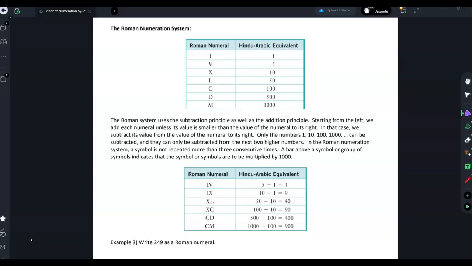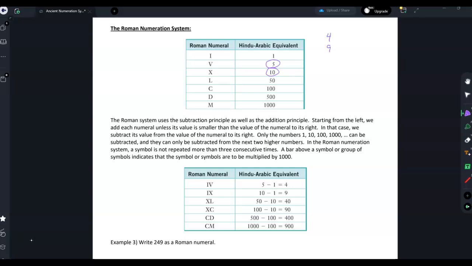Only the numbers 1, 10, 100, and 1,000 can be subtracted, and they can only be subtracted from the next two higher numbers. So you could subtract 1, but only from the next symbol up, V, which is 5, or from X, which is 10. So the number 4 would involve subtraction, and so would the number 9.